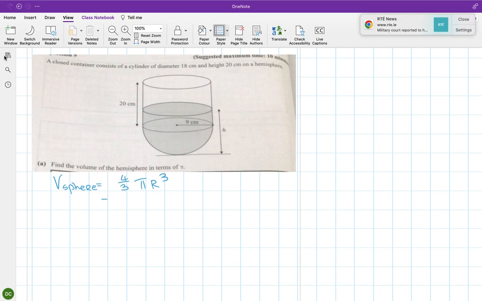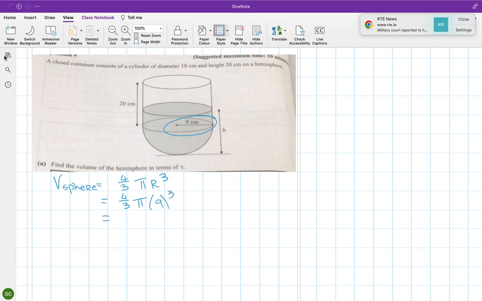So that gives us 4 over 3 pi, and the radius of the hemisphere, you can see it in the picture, is going to be the same as the radius of the cylinder because it's sitting perfectly on top. So that's going to be 9 cubed.